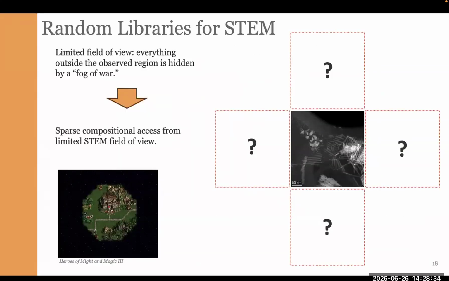And if you would like to translate this approach to scanning transmission electron microscopy, the specific is that you have access only to a small field of view. It is exactly the situation that you meet if you play some specific computer games, when everything except the small field of view is covered by the fog of war.